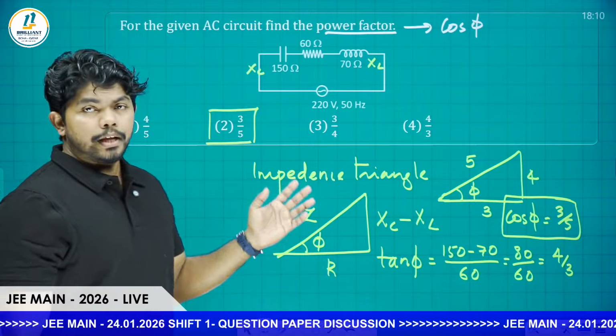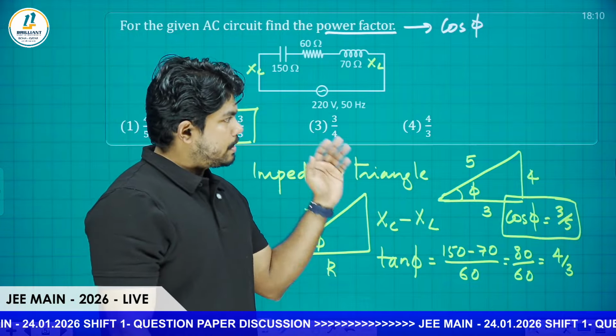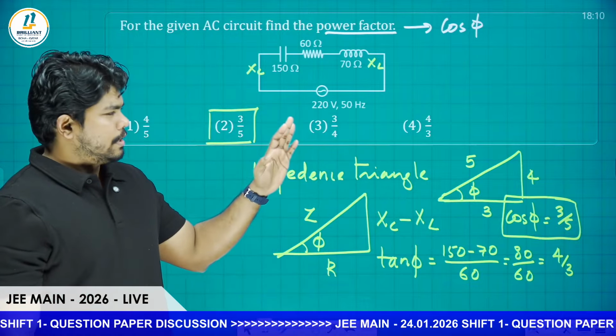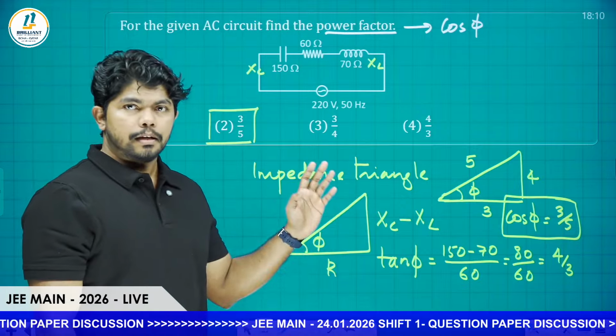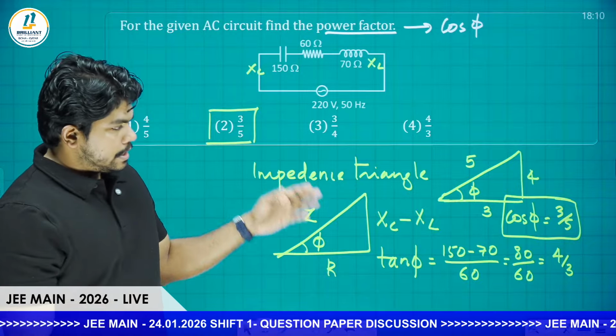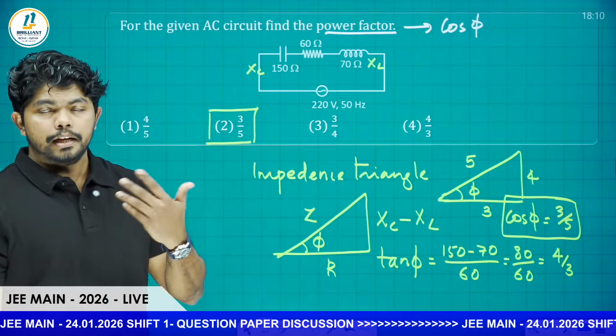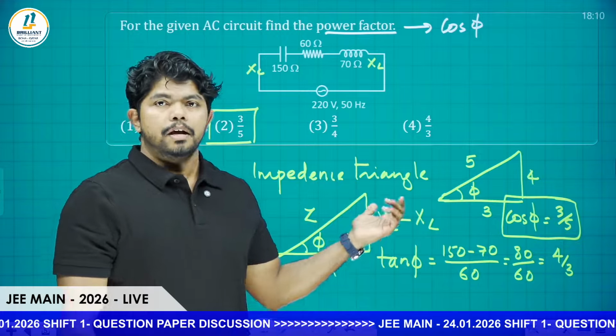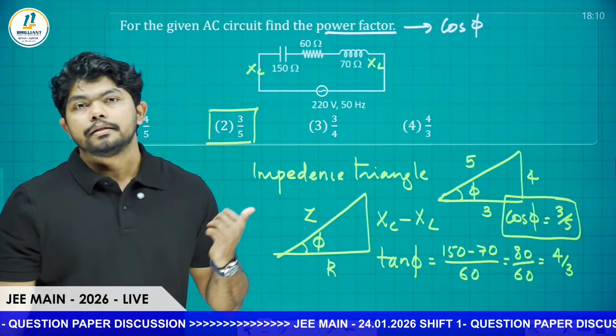So you can expect a question from AC, and the questions are very simple, some are conceptual, so you have to go through those concepts again and again. In our discussions also, we have done a lot of questions regarding this area.